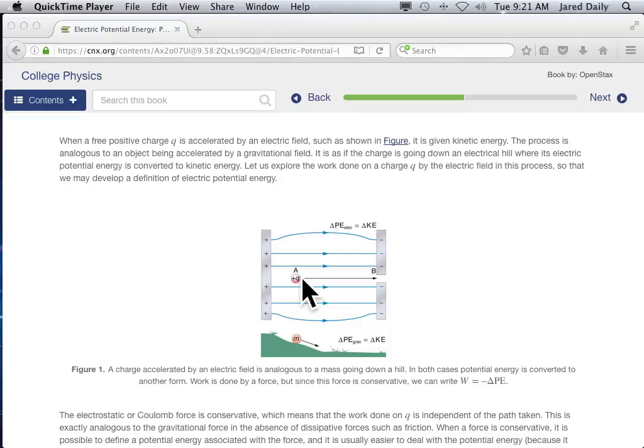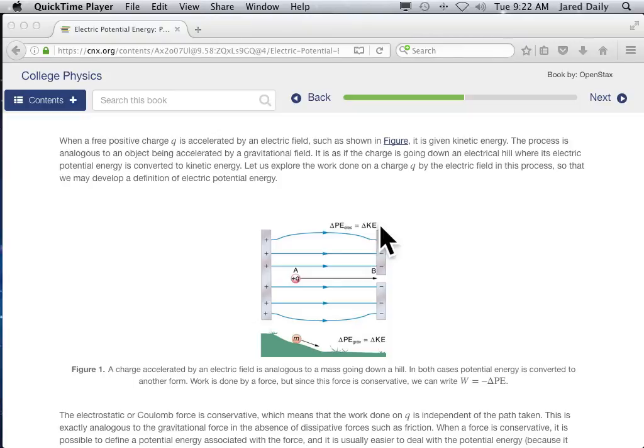Now remember that from our previous semester, potential energy and kinetic energy are on either side of an equation. The change in potential energy will equal the change in kinetic energy if you put them on either side of this equation, as long as there's no outside work being done, no friction or anything else taking energy out of the system, or anything on the outside putting energy into the system.